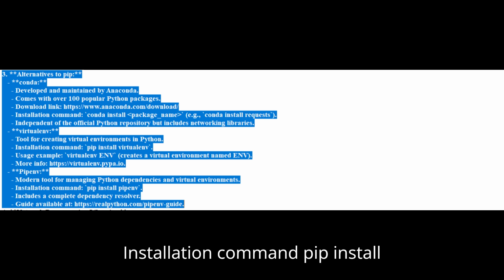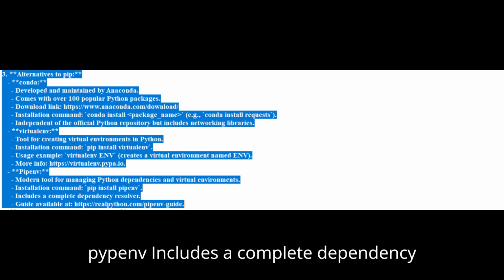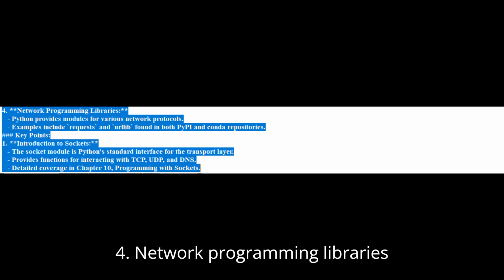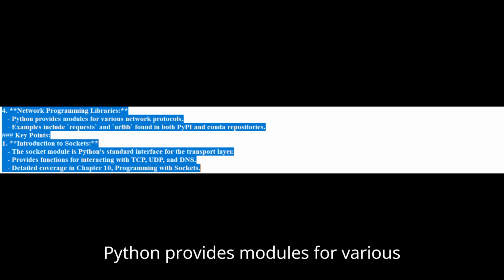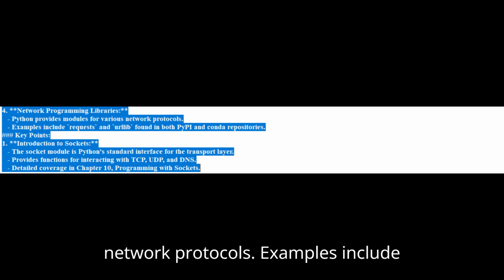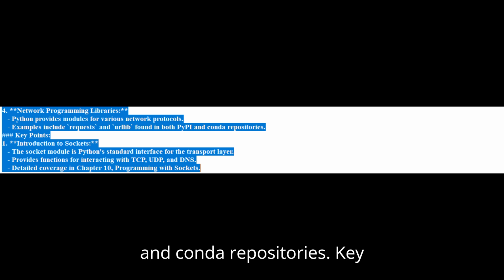Installation command: pip install pipenv. Includes a complete dependency resolver. Guide available at https://realpython.com/pipenv-guide. 4. Network programming libraries. Python provides modules for various network protocols. Examples include requests and urllib, found in both PyPI and Conda repositories.